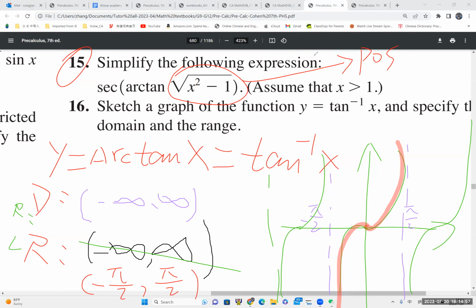For positive, the angle should be within here, acute, greater than 0 but less than half pi.